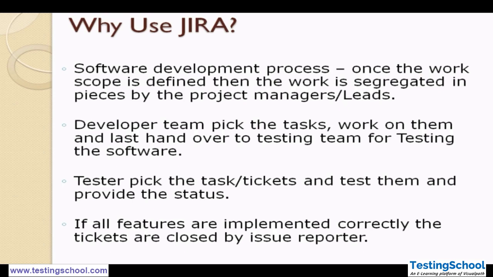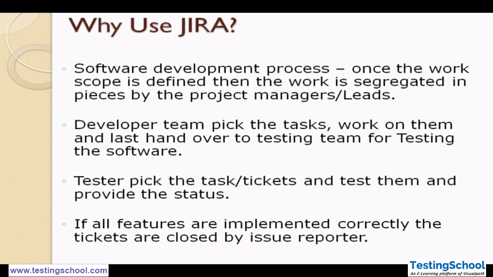If all features are implemented correctly, the tickets are closed by the issue reporter. So let's say I am a tester, I'm taking an example over here, and I have created a defect and I have assigned that defect to a developer, and once that defect is fixed and it is assigned back to me, I can test that and close it accordingly.